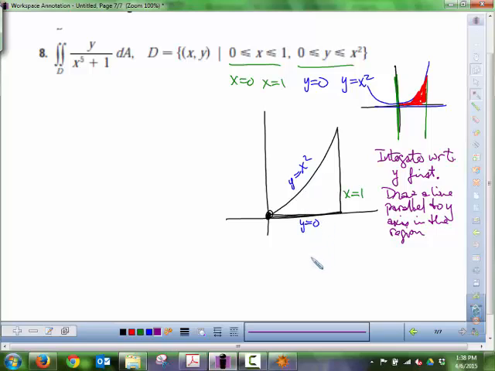So I would draw a line, and I would notice that I would enter my region at some function. Enter region at y is equal to 0. So off to the side over here, I want to integrate with respect to y first.